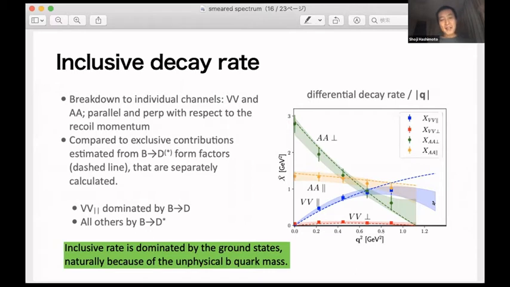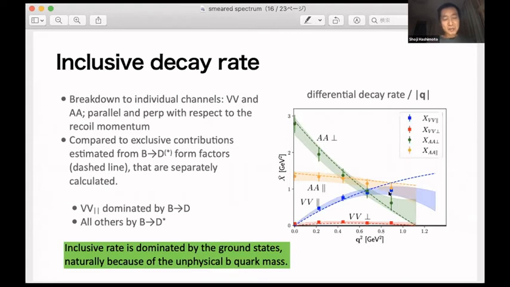And by the way, the band represents the contributions of the ground state, B to D or B to D star. And the data points are showing the inclusive rate. So it looks like the inclusive rate is actually dominated by the ground state contribution.